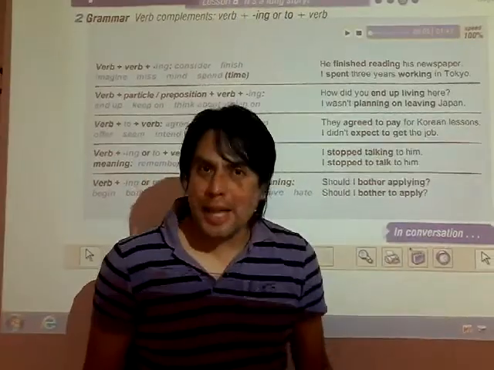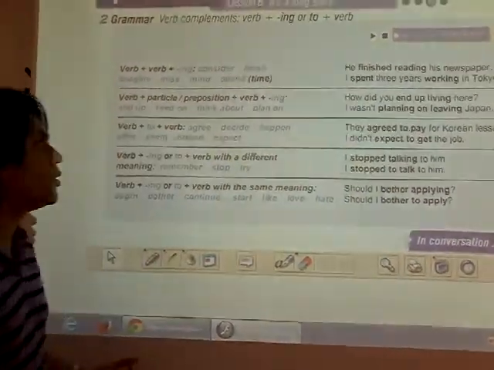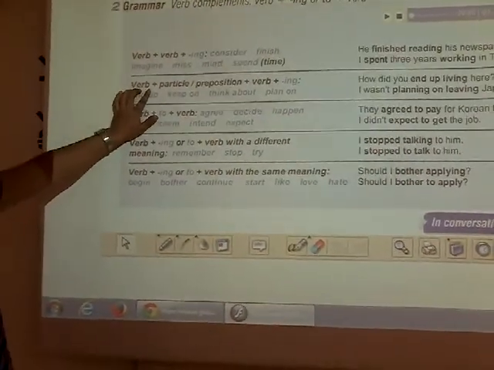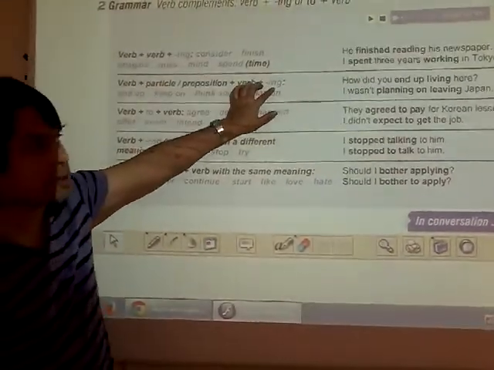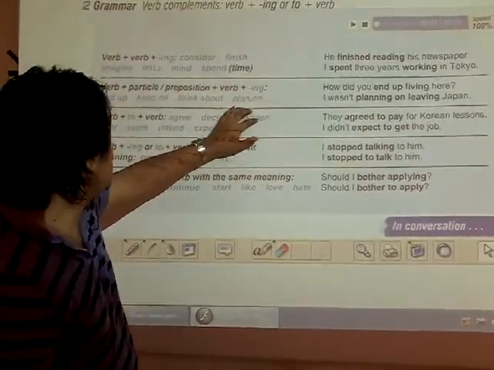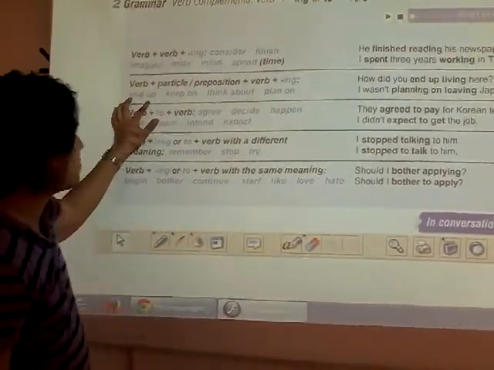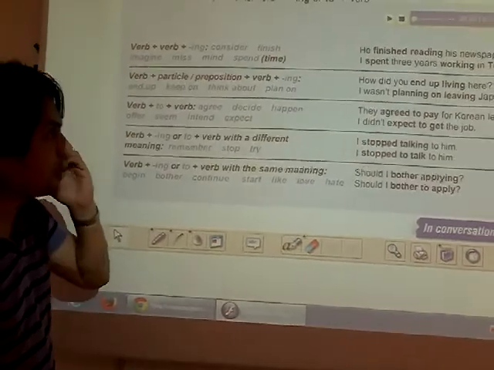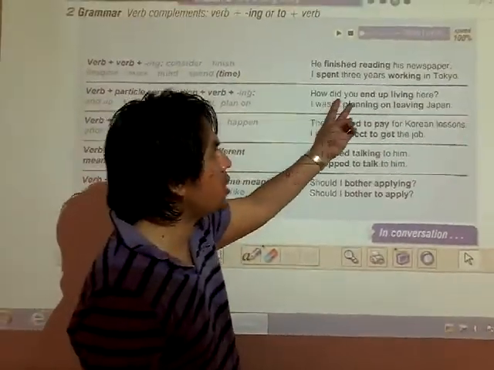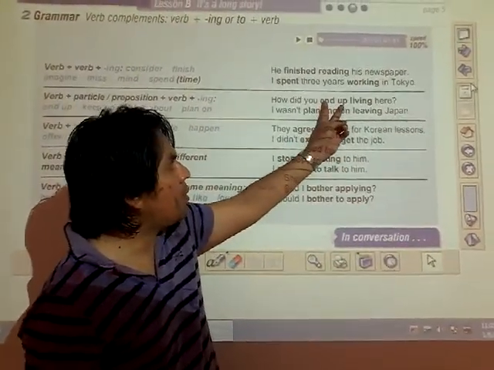The other class of verbs is this one. Verb and a particle or preposition plus a gerund. Like induct. You see, induct is a verb and a preposition. So let's say, how do you end up living here?